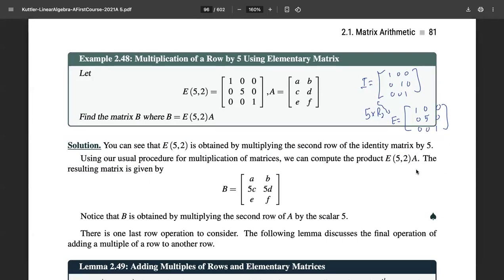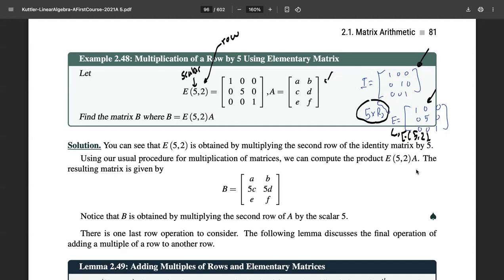So if I have a 3x3 identity matrix, the first index is my scalar k, that tells you the multiplicative constant, and this tells me the row that I'm multiplying k to. So I'm multiplying the second row by k, and then since I'm multiplying the second row by k, I would get this matrix E. So this is E52. And I have matrix A, which is the same matrix.